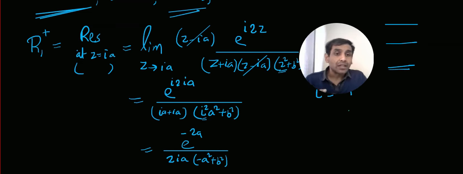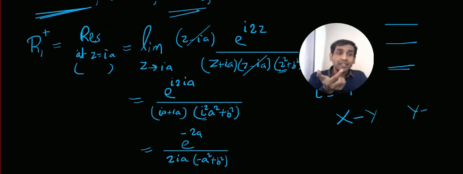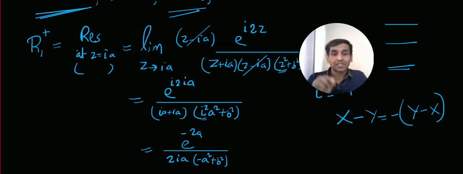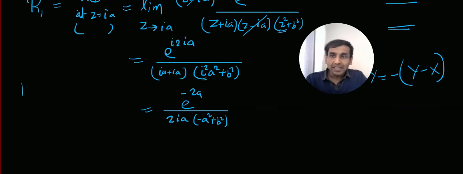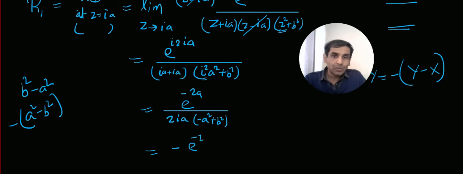So look at this. How do you write x minus y in case you want to flip it? Can you write this as y minus x? Yes, provided you put a minus outside. So this is b squared minus a squared. Currently, I'm going to write this as a squared minus b squared, so I'll put one negative. So it ends up like minus e to the power minus 2a divided by 2ia times (a squared minus b squared).